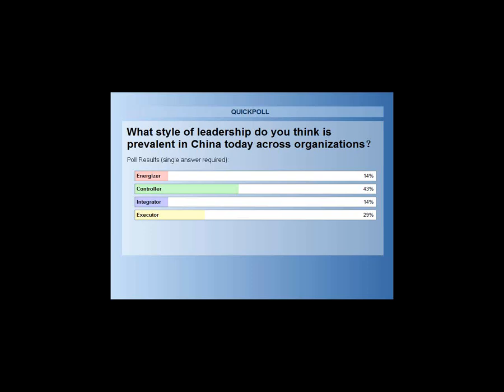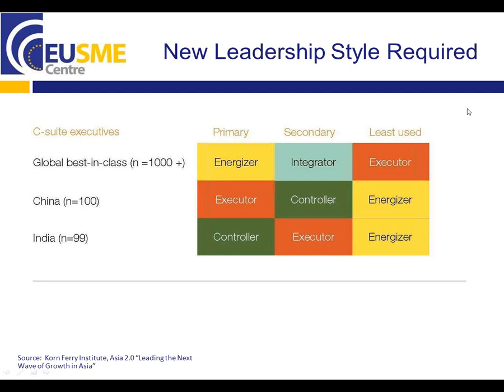So as SMEs, again, if you have this realization and can look at all this research and really be convinced that this is what's going to work in the future, you can be an early adopter. You can really, in China, adopt a more integrator, energizer leadership style. It may seem different.